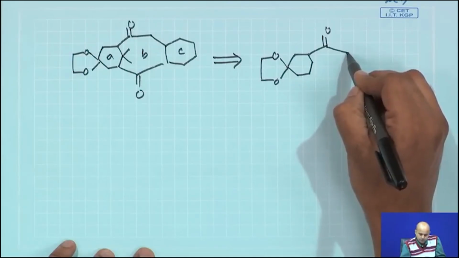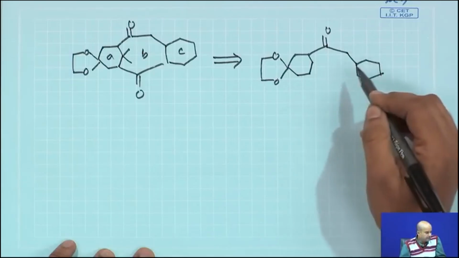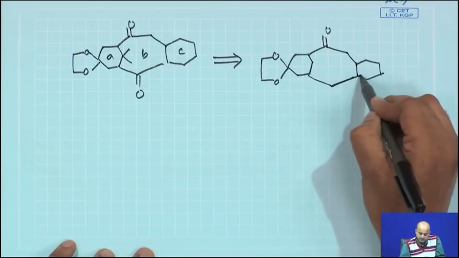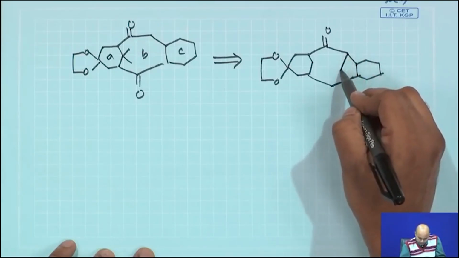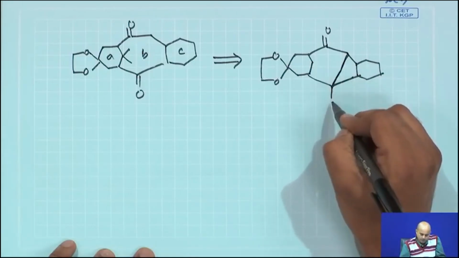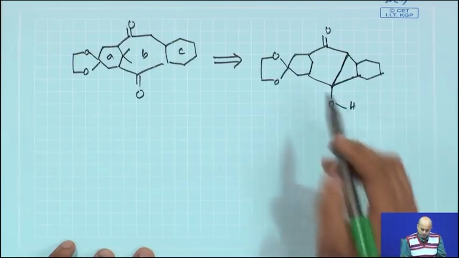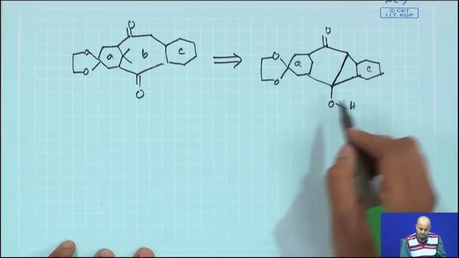You have a CH2, you have another CH2, then basically you have this 6-member ring. Now I am saying that I will try to make this ring in this fashion, while putting an OH here. Now, ring A and C are 6-member.